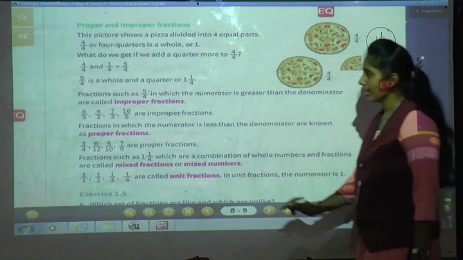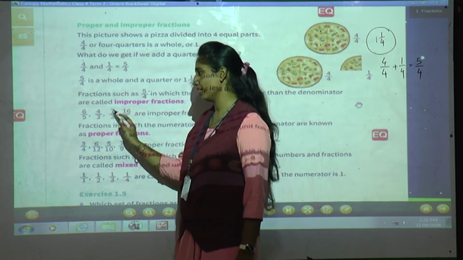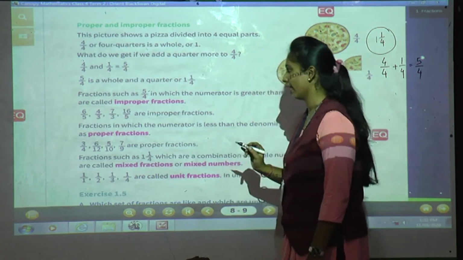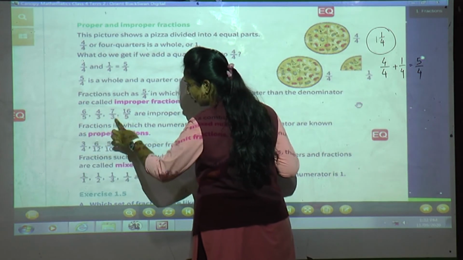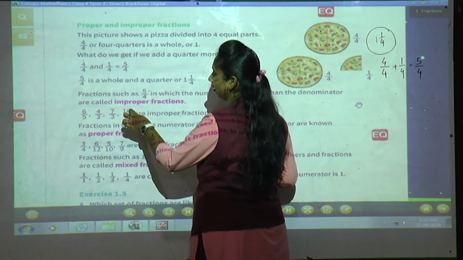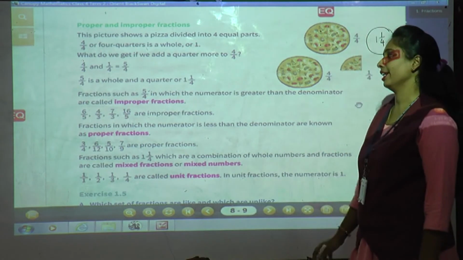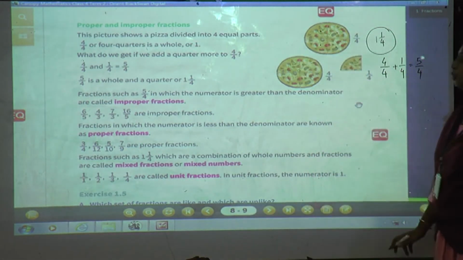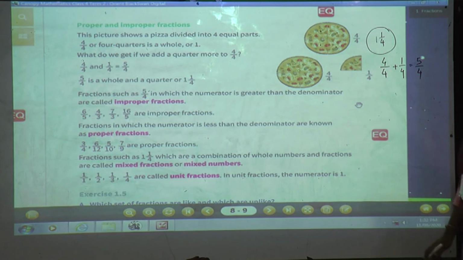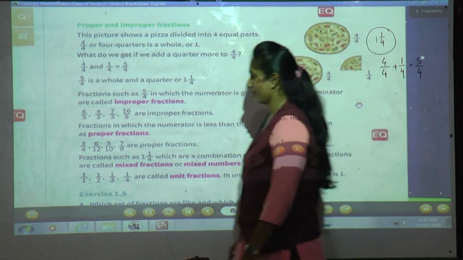Here, examples of improper fractions are 6/5, 4/3, 7/3, 16/5. Why? Because you can see the denominators are smaller than the numerators. Next, fractions in which the numerator is less than the denominator are known as proper fractions.